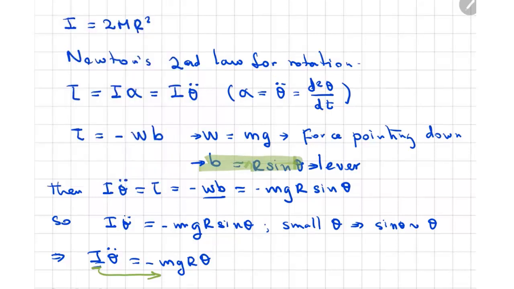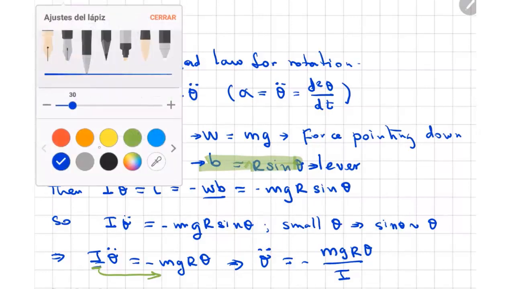And when we do that, we get theta double dot is equal to minus mgr theta dividing the moment of inertia. Okay? But if we remember, now we do this step.